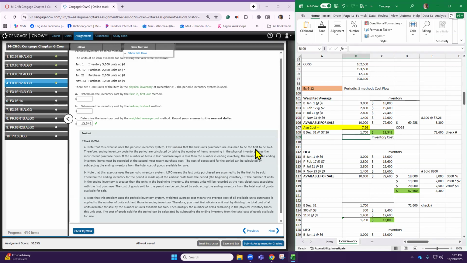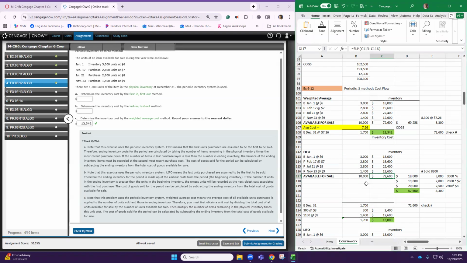All right, so now we're going to do FIFO, first in, first out. We're going to use all this information again, so you don't have to do it again. And now we're not going to use an average cost. First in, first out. We know we have 10,000 available for sale. You divide 72,600 by 10,000.